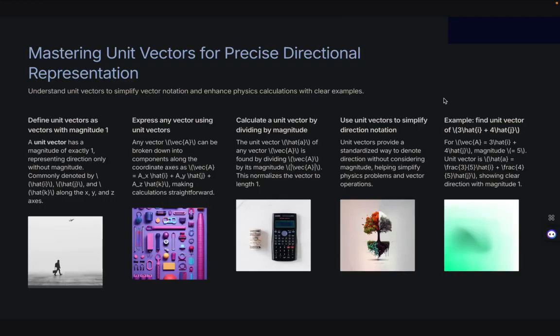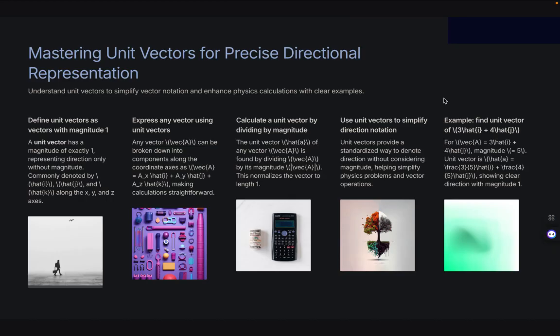So let's master unit vectors with directional representation. So we have a lot of mathematics that's happening here, and it's just the use of science so that we could break it down. But just know that in any case, a unit vector has a magnitude of exactly 1, which represents direction only without magnitude, right?